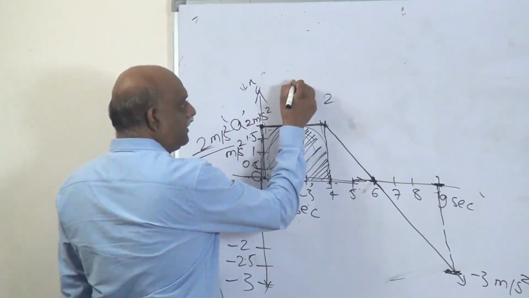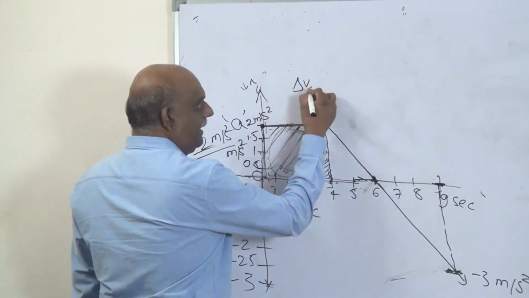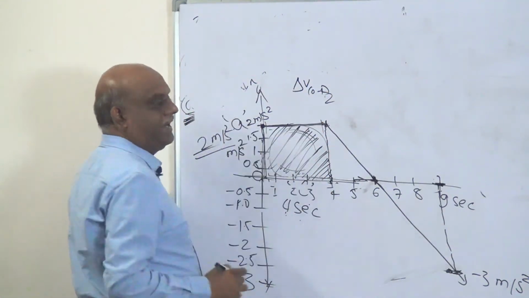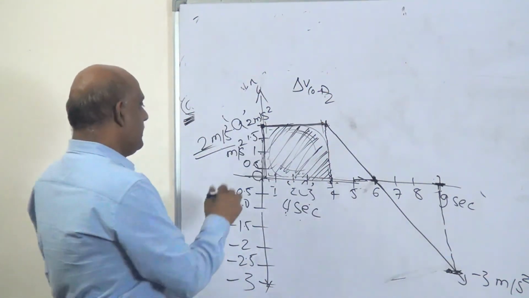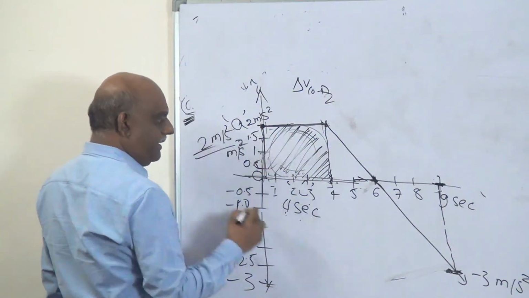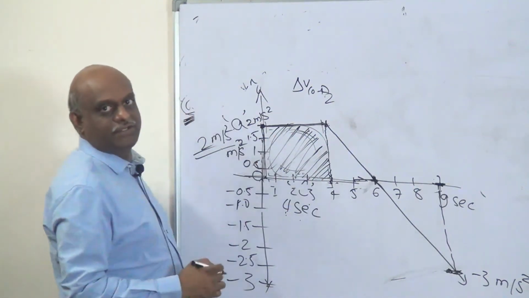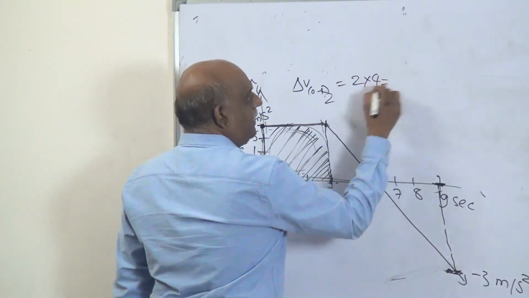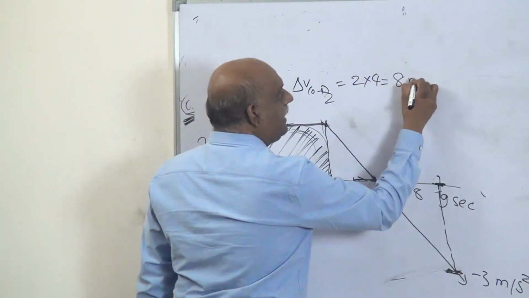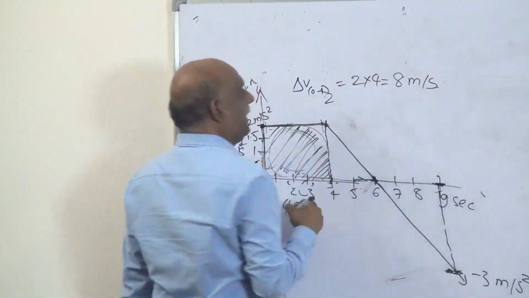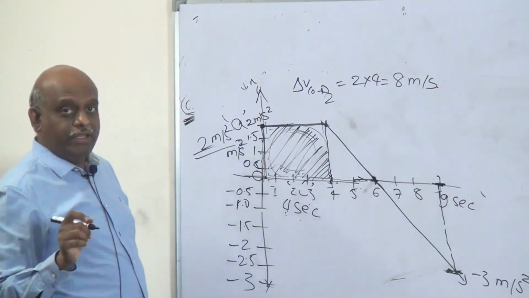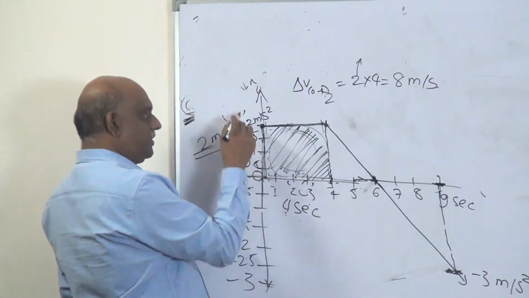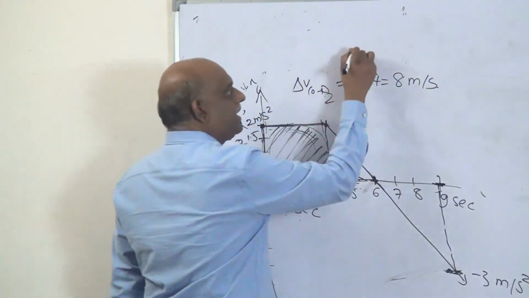What is the change in the velocity in the first 4 seconds, 0 to 4th second, in this given case? It is 2, the height, into the first 4 seconds. So that is equal to 2 into 4 is equal to 8 meters per second. How will you get the units clear? What is 2? Acceleration on the y-axis. What is its unit?